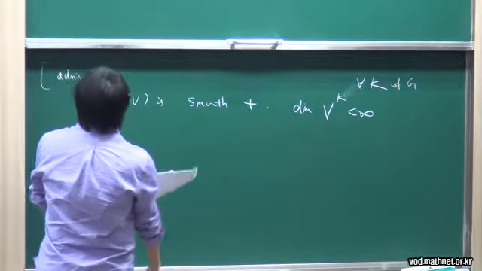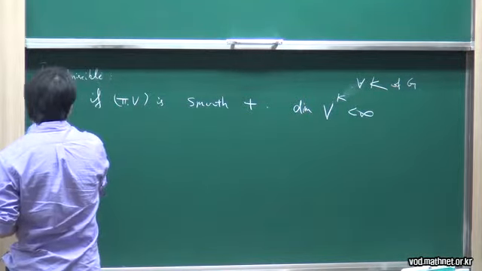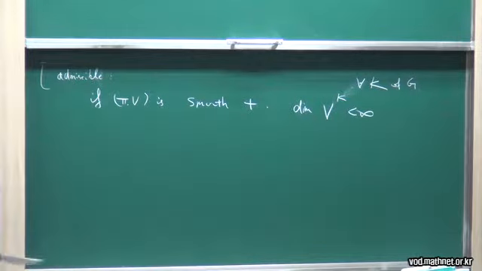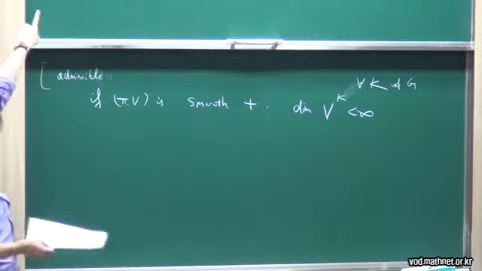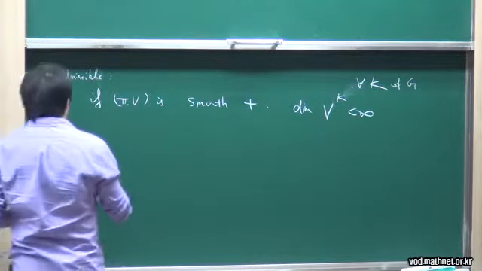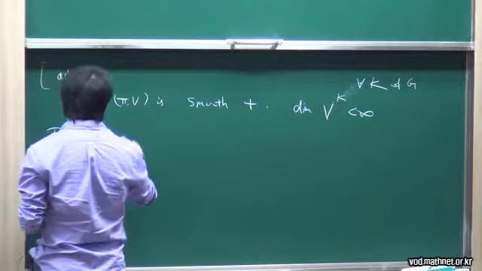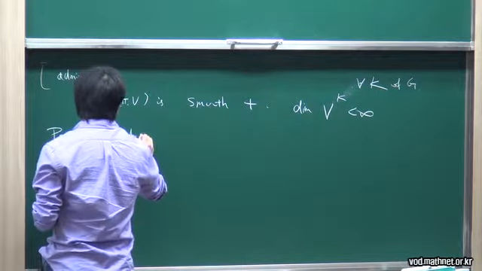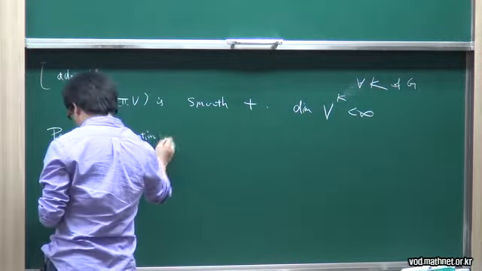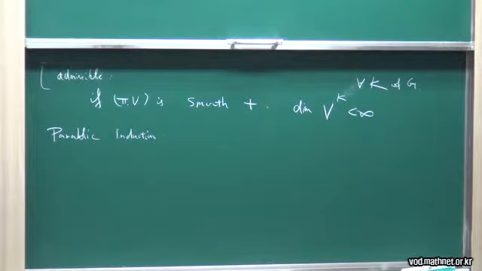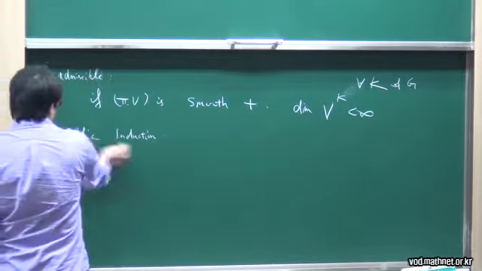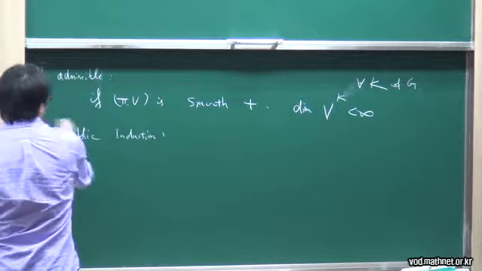Now I would like to introduce a method to construct elements in G hat. Just now we introduced the parabolic induction. In the basic theory of representation theory, we use a smaller group to construct representations of the bigger group, so induction plays the role here.